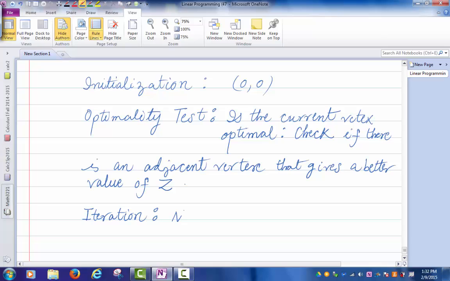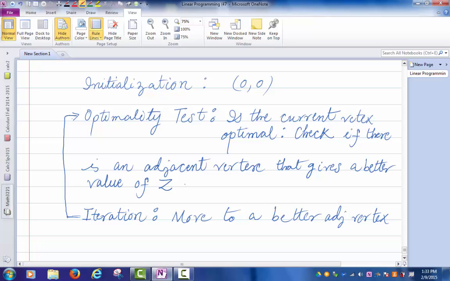The iteration step will give you a new vertex, and then the program goes back to the optimality test.